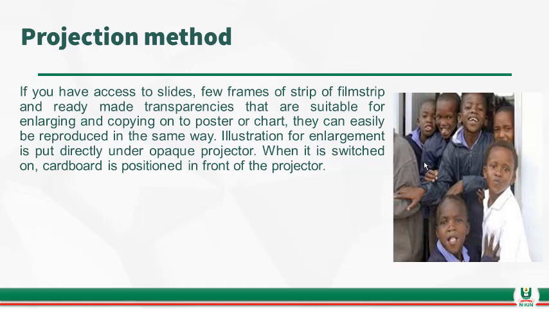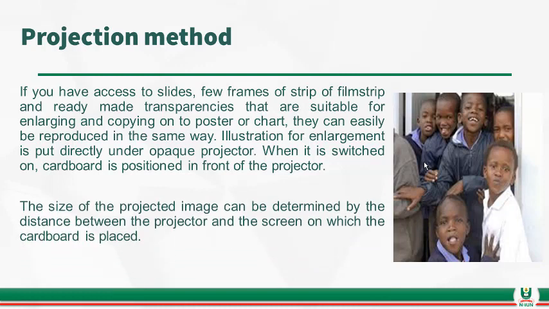If you have access to slides, a few frames of the filmstrip are already made as transparencies that are suitable for enlarging or copying on a poster or chart. They can easily be produced in the same way, so they can be used to enlarge our illustration, and all the students can see the illustration on the board at the same time.